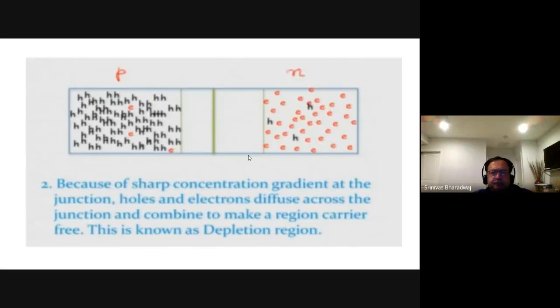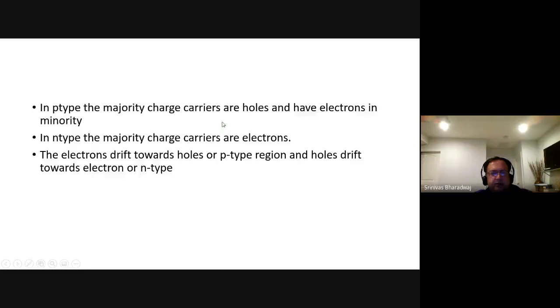Because of a sharp concentration gradient at the junction, holes and electrons diffuse across the junction and combine to make a region carrier free. So here there is a field, but there are no carriers. This region is the depletion layer, as we discussed.